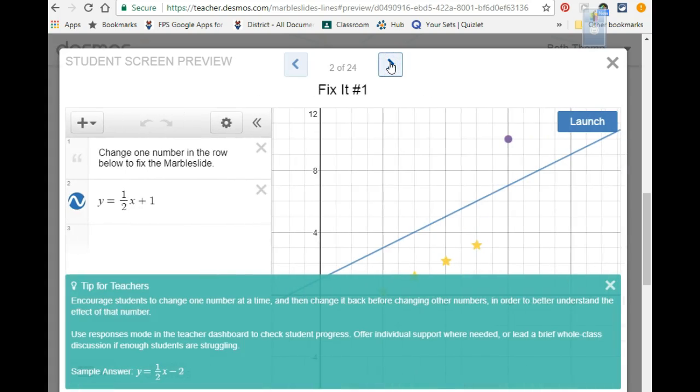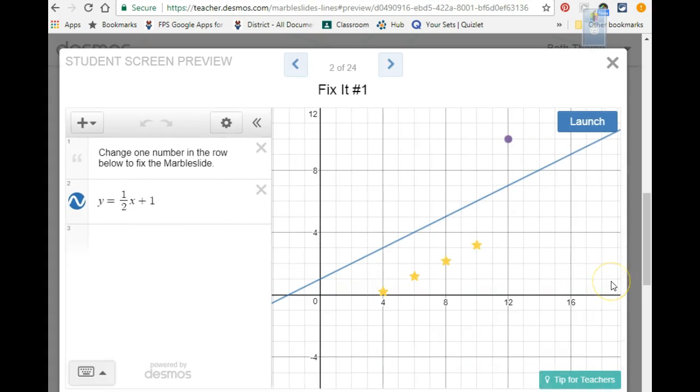When you take a look at this, this is the first one, and it says you have to change one number in the row below so that the marble will hit the stars. Which do I want to change? The slope or the y-intercept? The y-intercept.